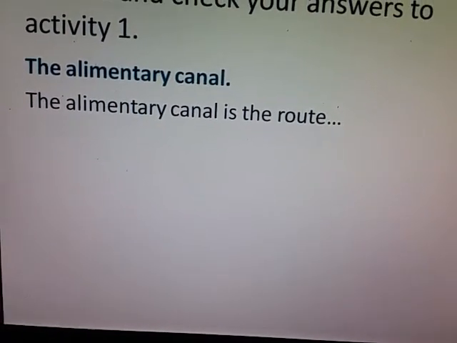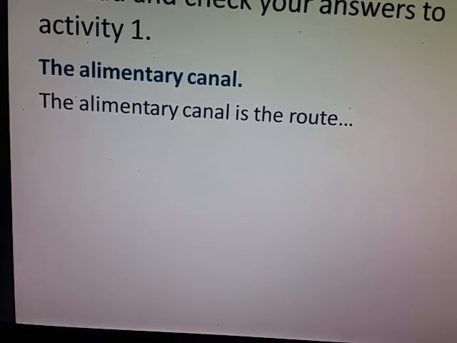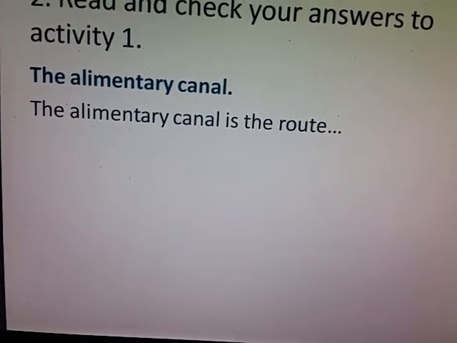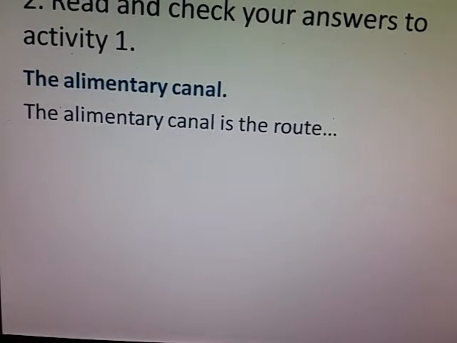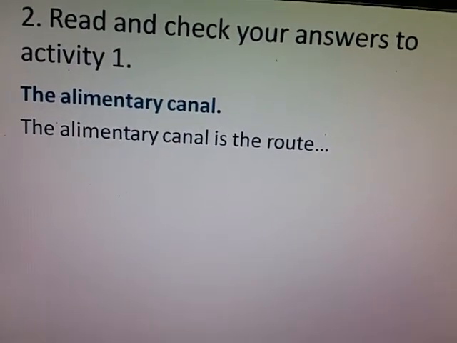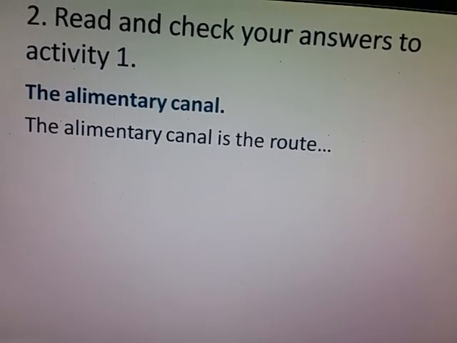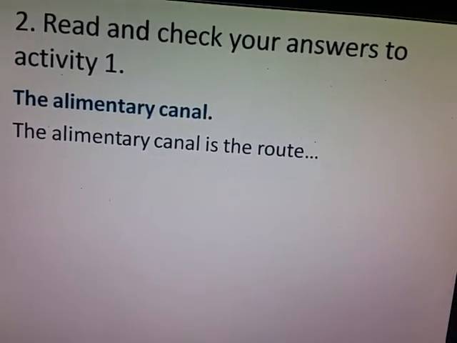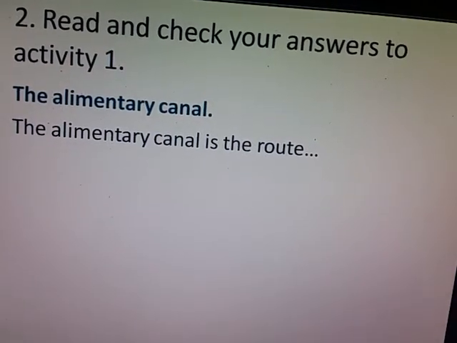The food then travels from our mouth to our pharynx and down the esophagus to our stomach in 10 seconds. The food stays in the stomach for about 3 to 4 hours and then travels to the small intestine.